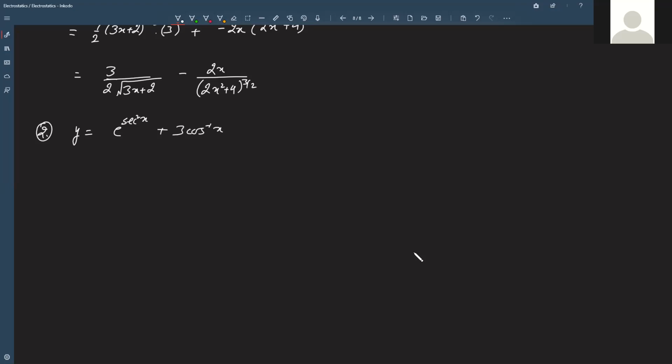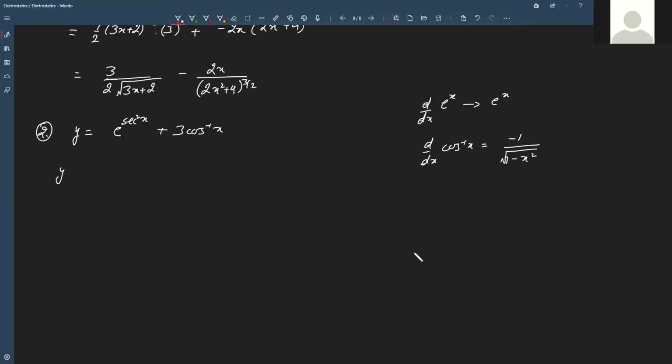That is differentiation of all trigonometric functions and all inverse trigonometric functions as well. So the formulas which we will need is that differentiation of e to the power x will be e to the power x, and differentiation of cos inverse x is minus 1 by root of 1 minus x square. So this we have to apply here.